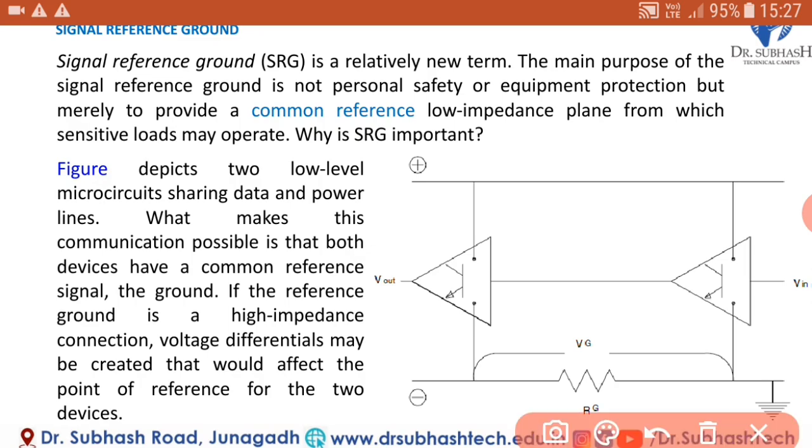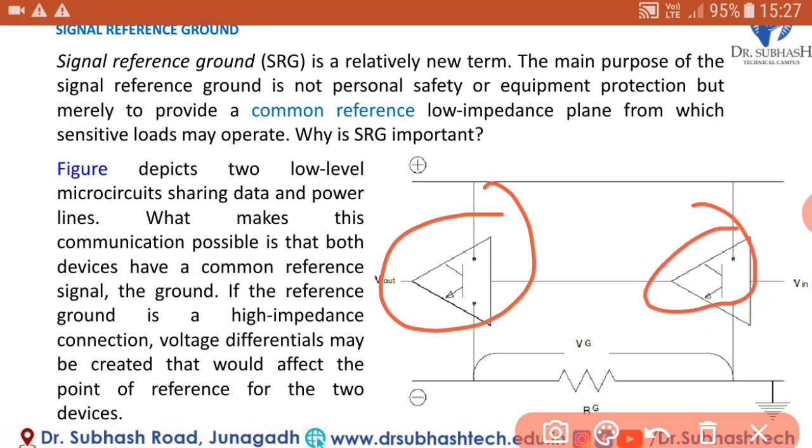The figure depicts two low-level microcircuits sharing data and power lines. Here in this figure we can see one circuit is here and one circuit is here, and both are sharing common grounds. What makes this communication possible is that both devices have a common reference signal. Here we can see this is common, okay, and this is grounded.